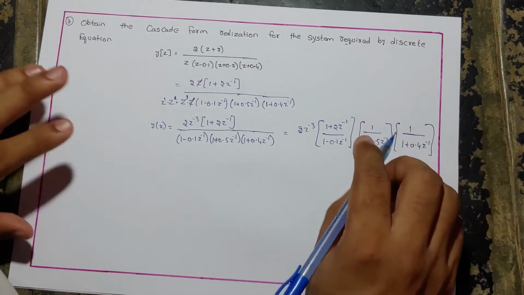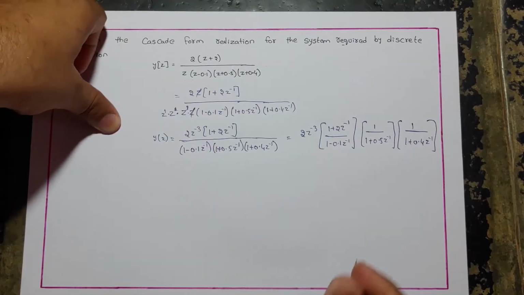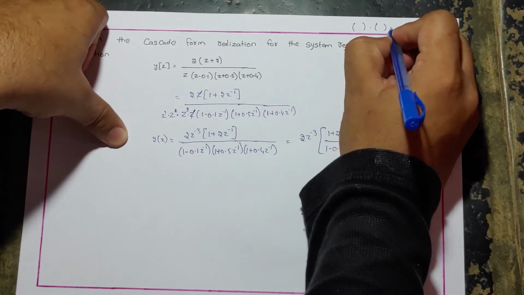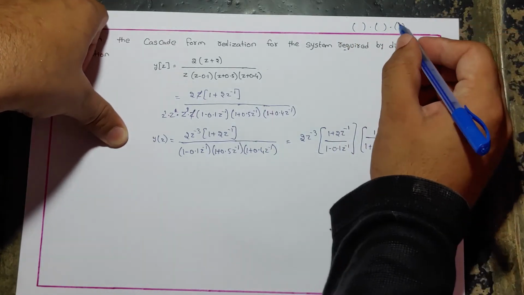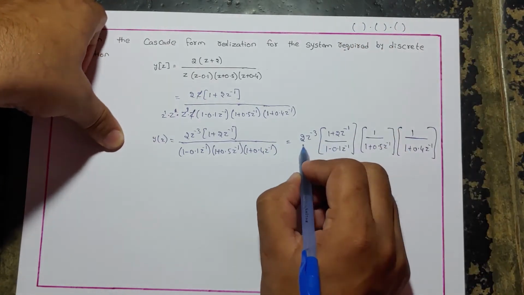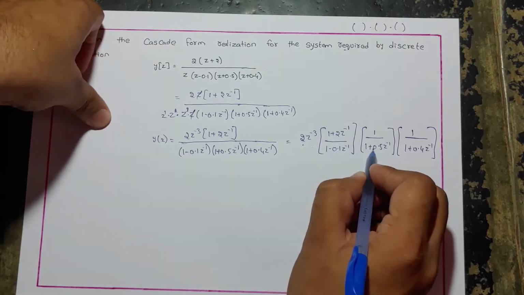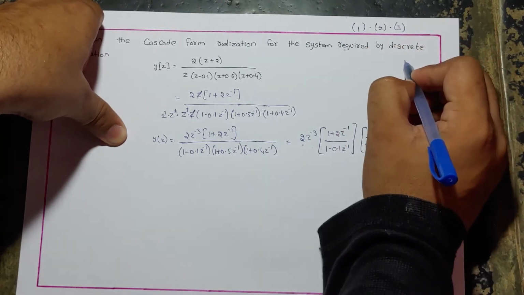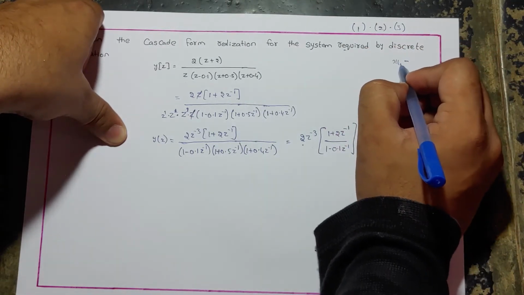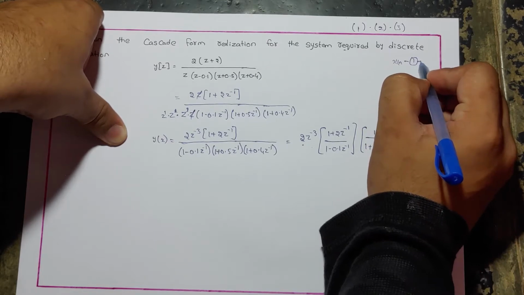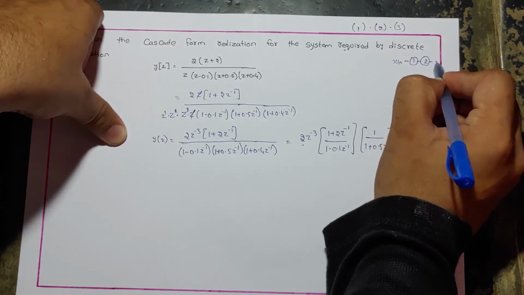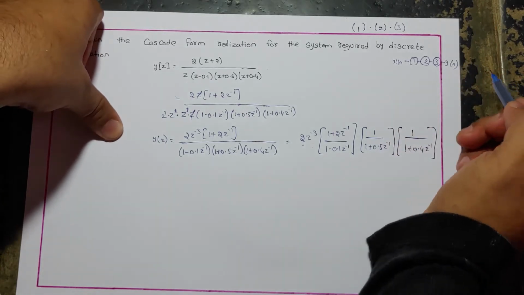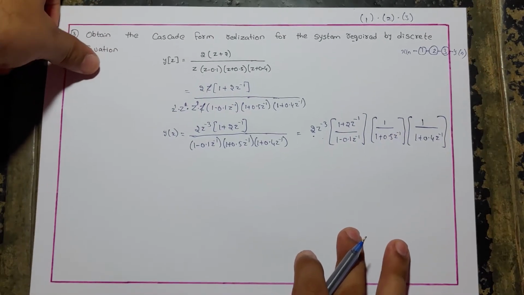We are doing it this way because the cascade will be the first set multiplied by the second set, multiplied by the third set and the fourth set. The first set gets the input x of n, and the output of the first set is the input for the second set, and so on, which gives y of n as the output. This is the format of the cascade form.